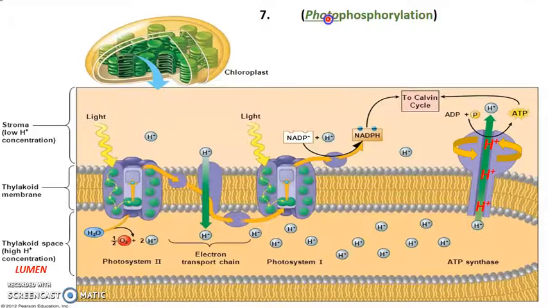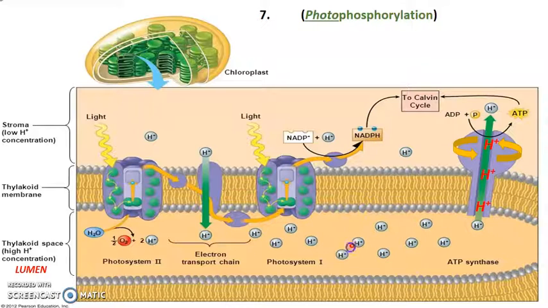So light energy has been used to create this hydrogen ion gradient you see down below here in the lumen. Remember, as electrons move from photosystem 2 down the ETC to photosystem 1, we eventually make NADPH here.